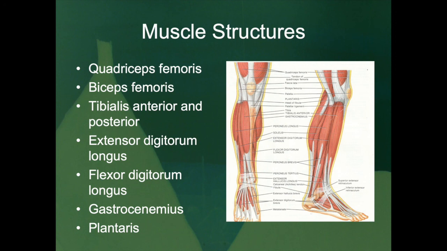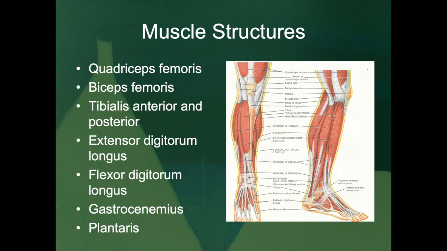Another important superficial muscle with regard to the biomechanics is the gastrocnemius muscle. The gastrocnemius muscle, again a superficial muscle associated with the posterior portion of the lower leg, is associated with movement of the foot and the toes. The origin for this particular muscle is going to be the lateral and medial condyles of the femur.